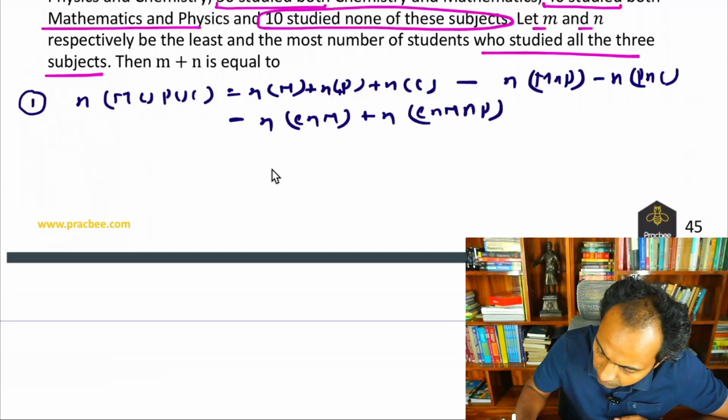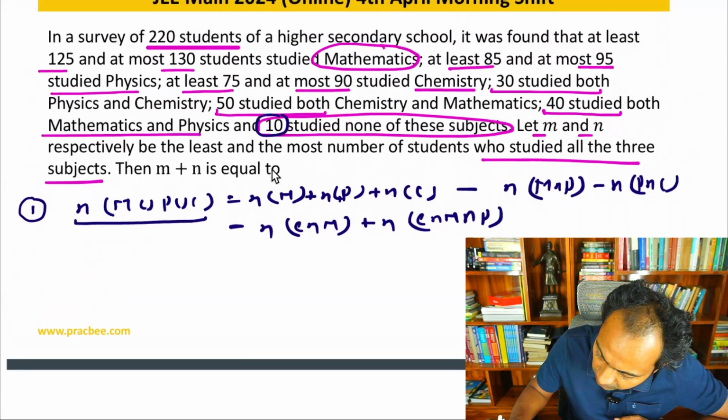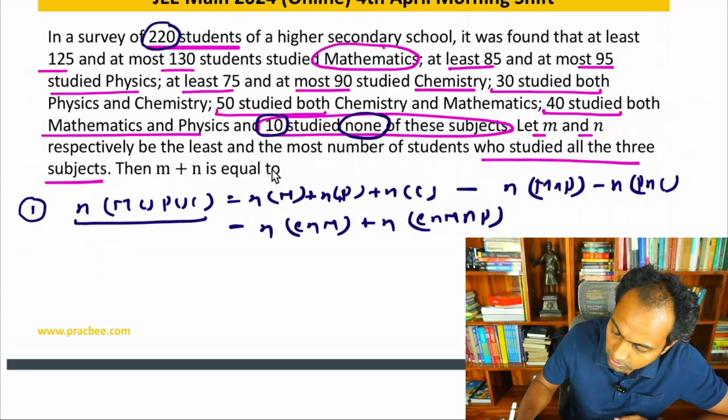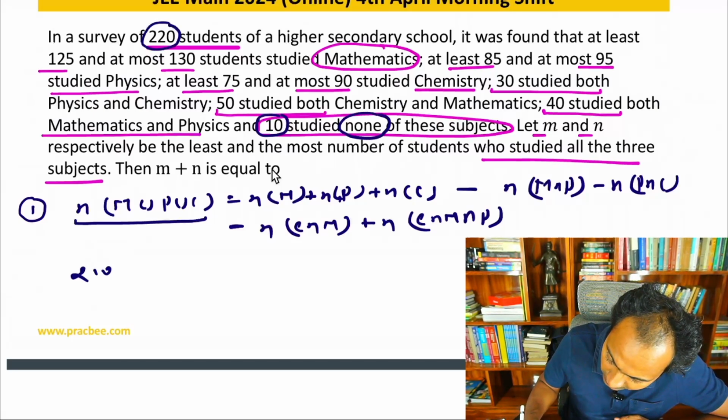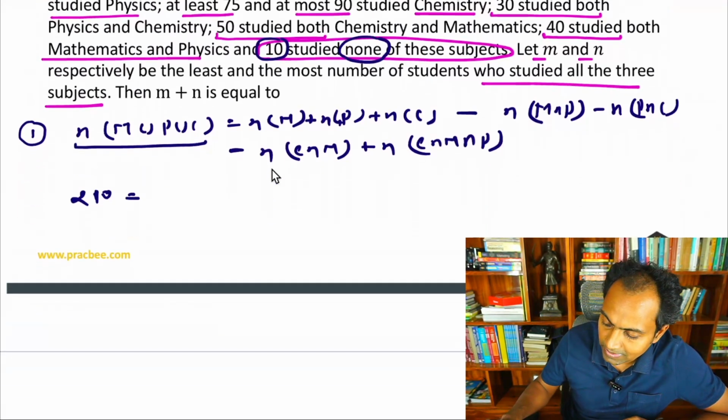If I look into the first part, what they are saying is about the total number of elements involved. You can see that 10 students study none of the subjects, and there are 220 students, so there are 210 students who might study something. This is the first important point. Now let us write this.